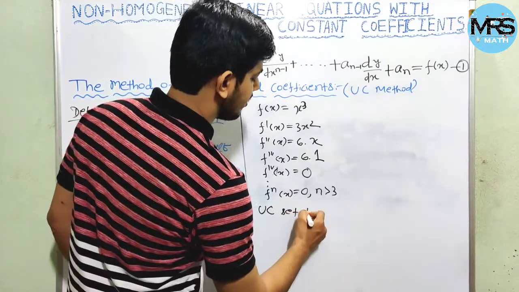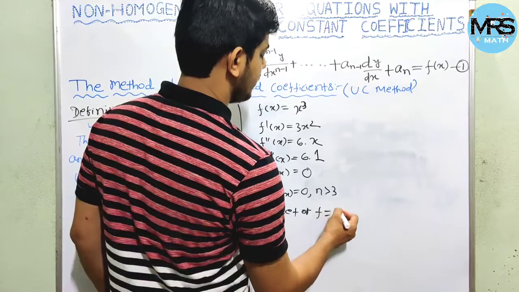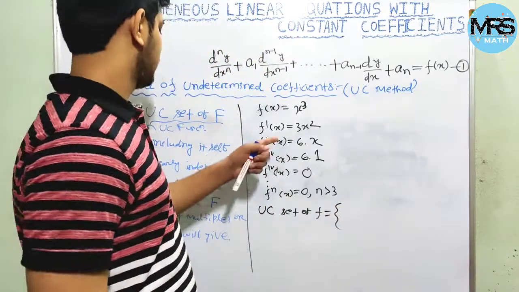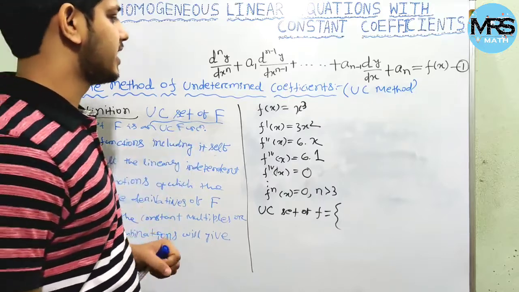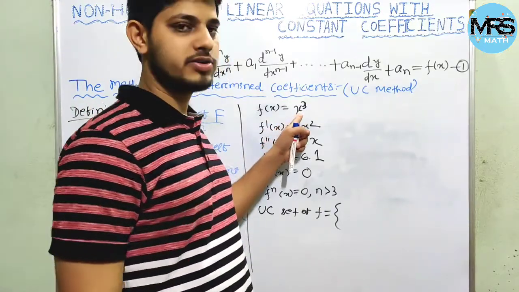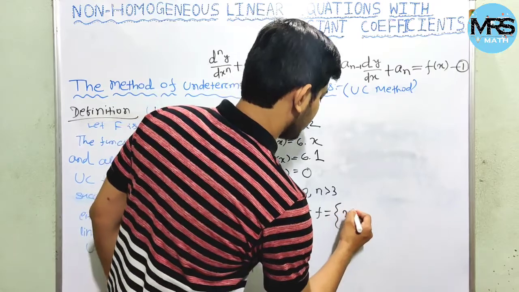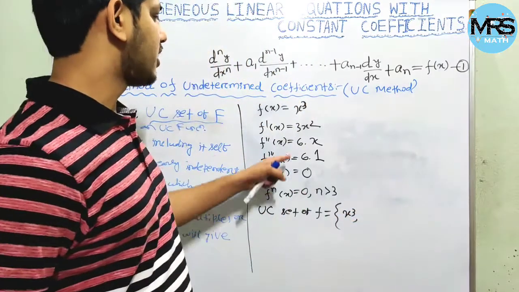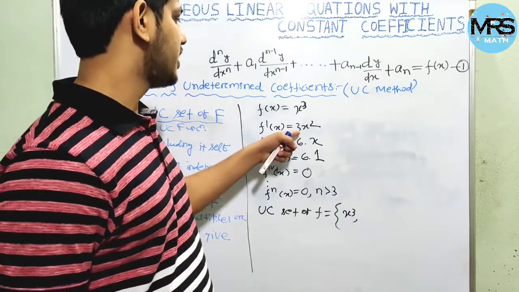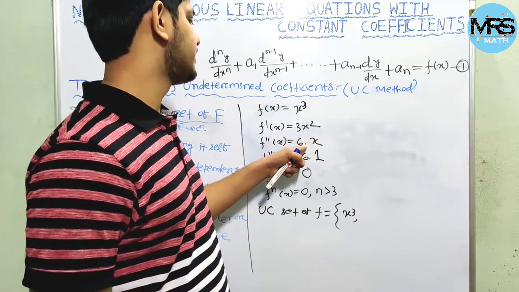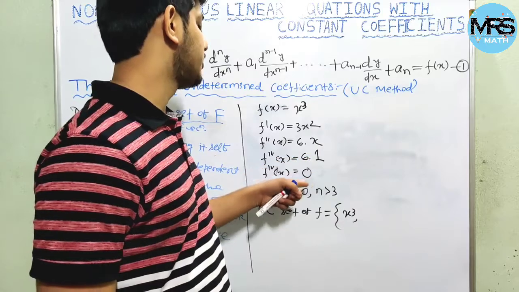The UC set of f will be the function including itself. That means this function x cube, and the constant multiples of successive derivatives. Here 3 is multiplied with x square, 6 is multiplied with x, 6 is multiplied with 1.